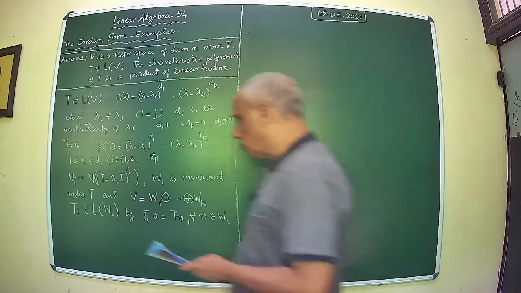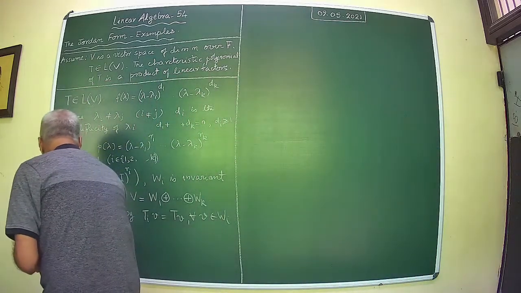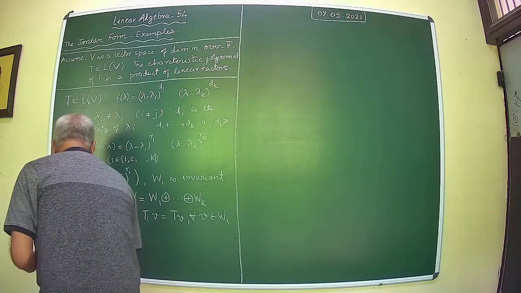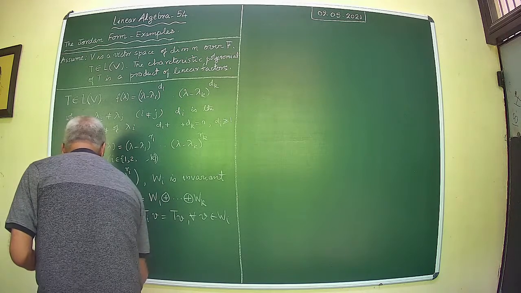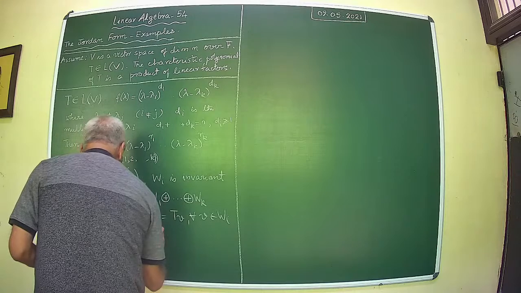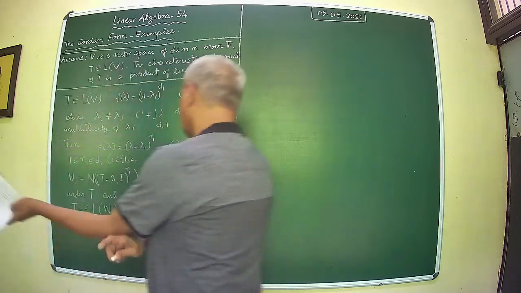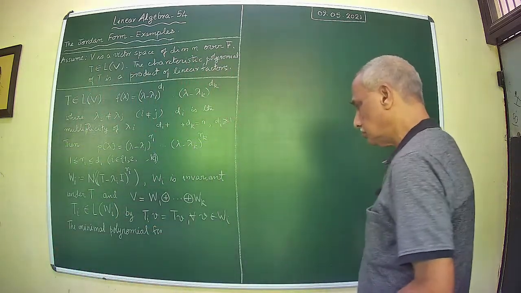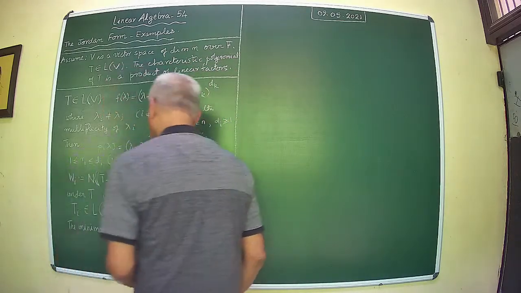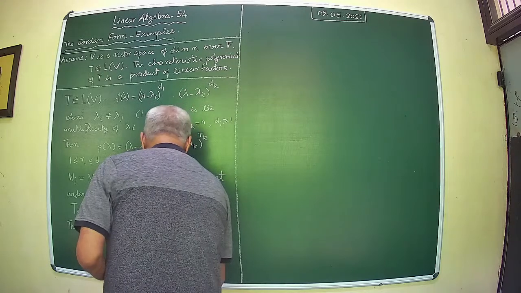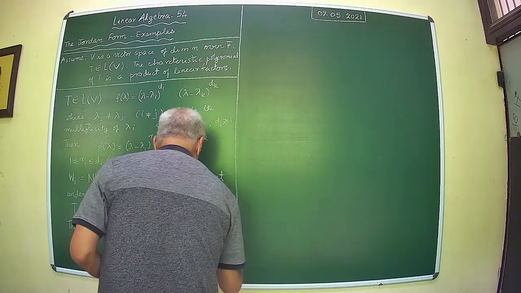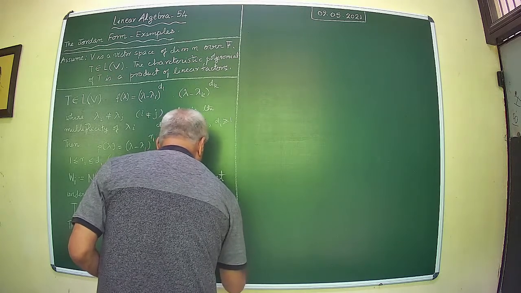Then the minimal polynomial for Ti is (lambda minus lambda i) to the power Ri.